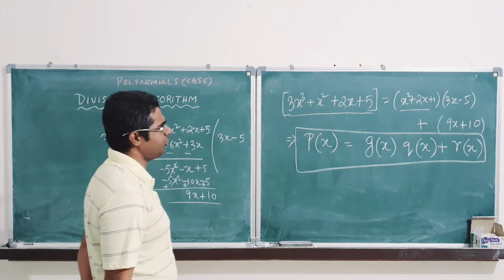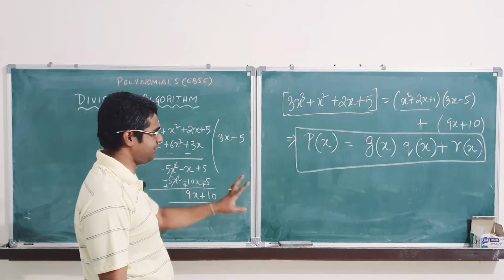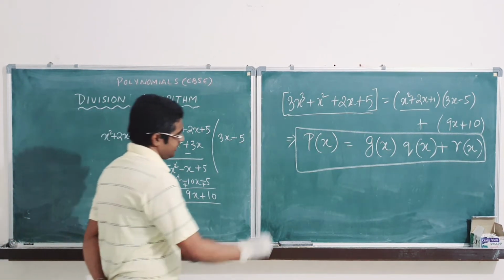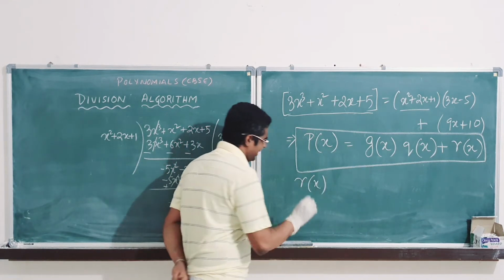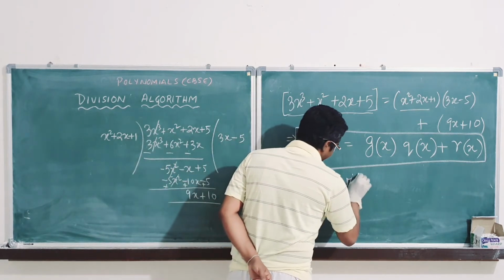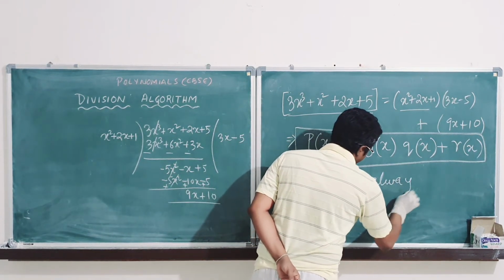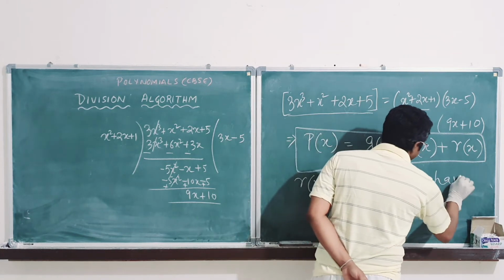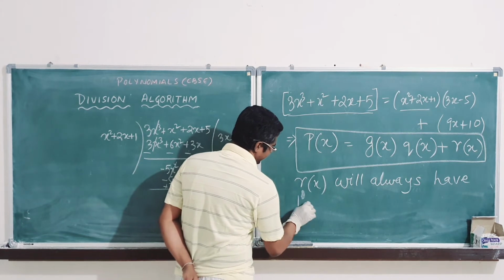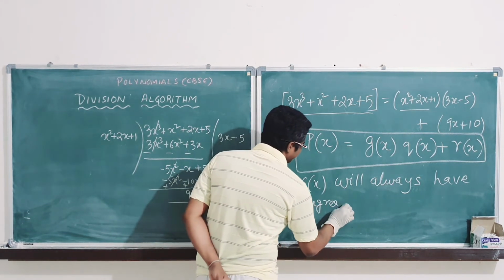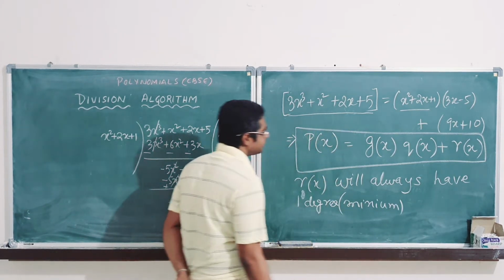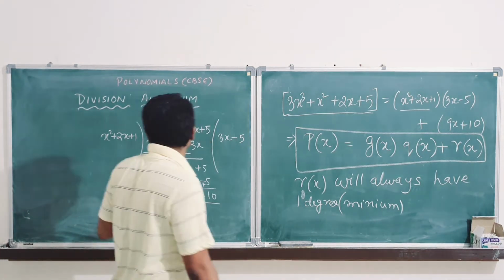This you already know, but in the case of algebra we don't really use it. So this is the first time we are using it. Now the basic point of understanding this is that r(x), the remainder, may have degree 0 also, because it may be completely divisible.